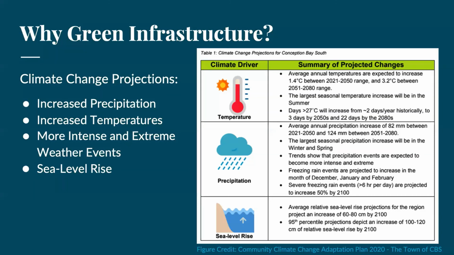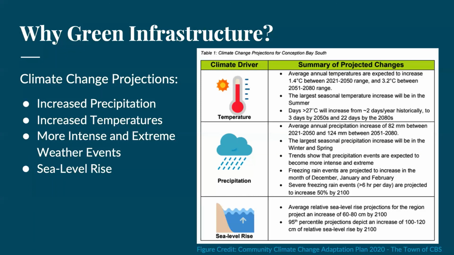For precipitation, you're looking at an annual average increase between 82 millimeters from now until 2050 to 124 millimeters from 2051 to 2080. And the largest seasonal precipitation increase in winter and spring. Makes sense, if most of our snow turns to rain and then we have lots of melt of whatever snow there is. Some trends show that precipitation events are expected to become more intense and more extreme.